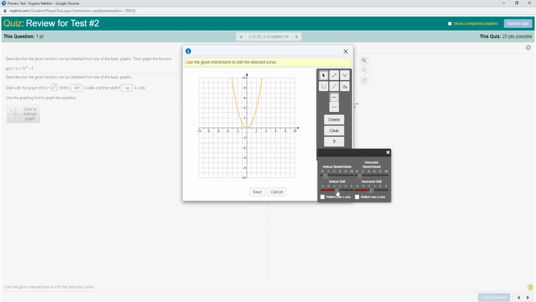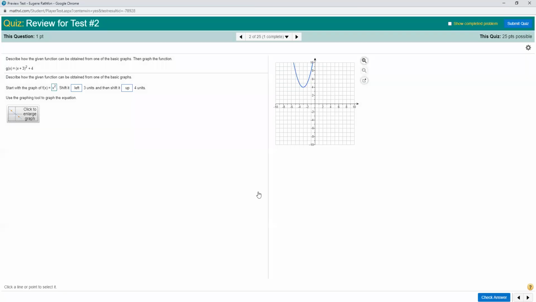So we went left 3, so that would be horizontal to a -3. And see, it moved it over. And then we went up 4 units, which would be vertical to a +4. And notice that looks like the second graph that was on my calculator a while ago. So I would save that and then move on.